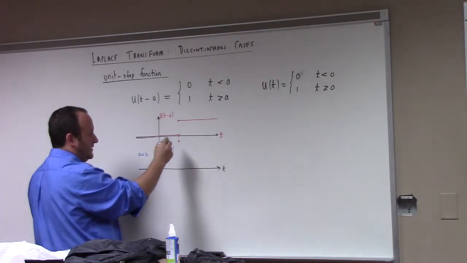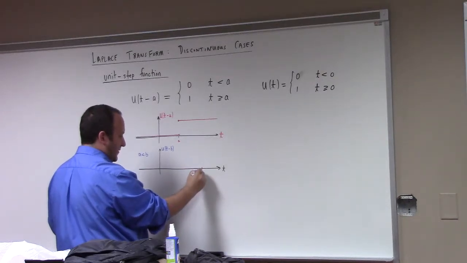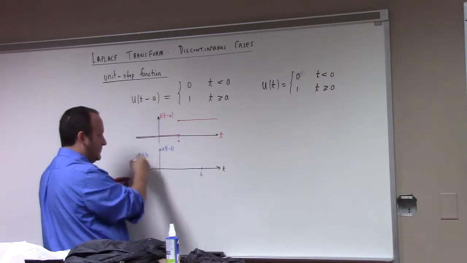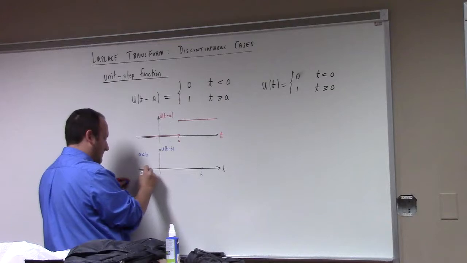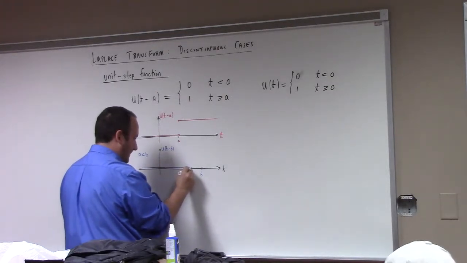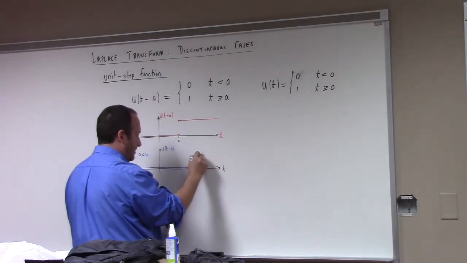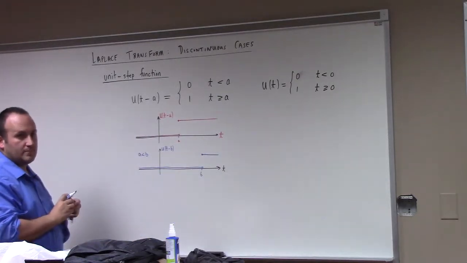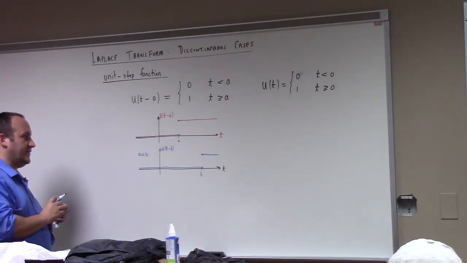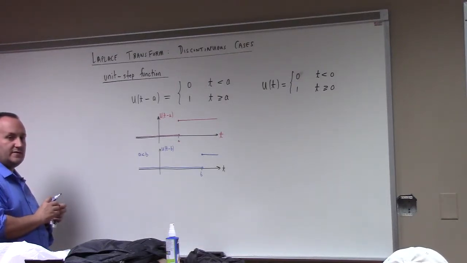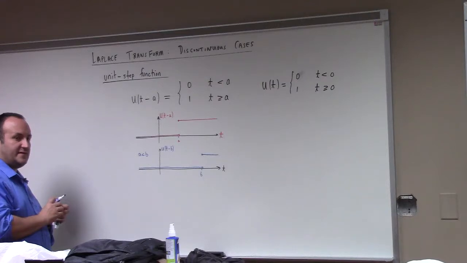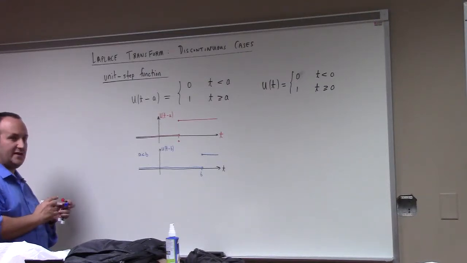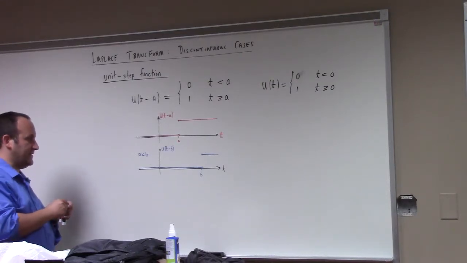In other words, b is like here maybe, right? Then this one has a graph that looks like this. What happens if we subtract the unit step function based at b from the unit step function based at a? What happens if we look at the difference of these two?